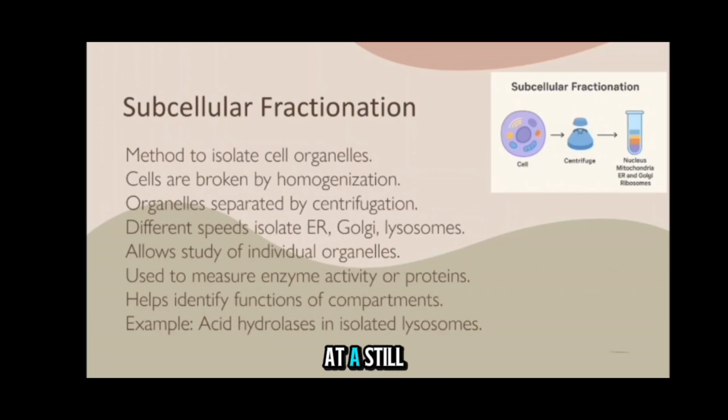Spinning at a still higher speed allows lighter organelles such as endoplasmic reticulum and Golgi apparatus to sediment. Finally, at the very highest speed, we can isolate the lightest components like ribosomes, and the small vesicles are settled at the upper part of the test tube, which is called the supernatant.